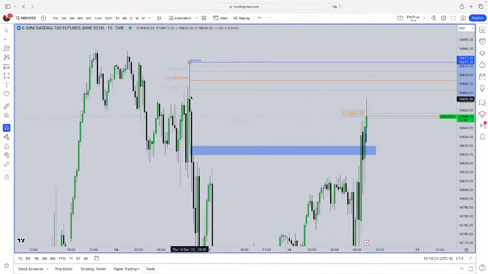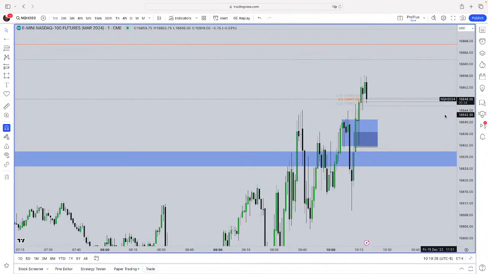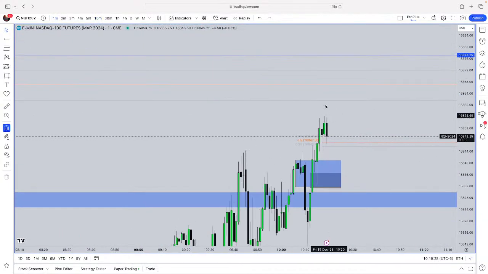That depends on how long it takes to get up to here, and if it closes above that. If it closes above that quite quickly, then it would want to run there. But if it leaves a wick, then I probably would take partials.